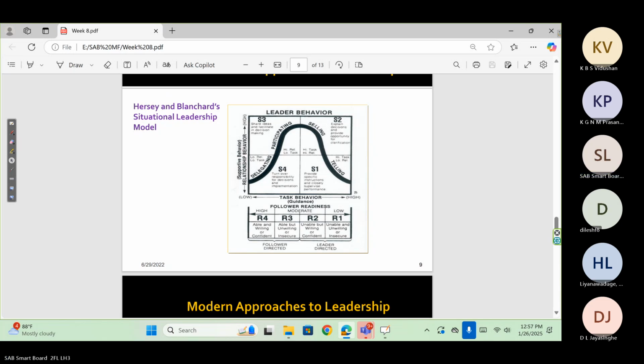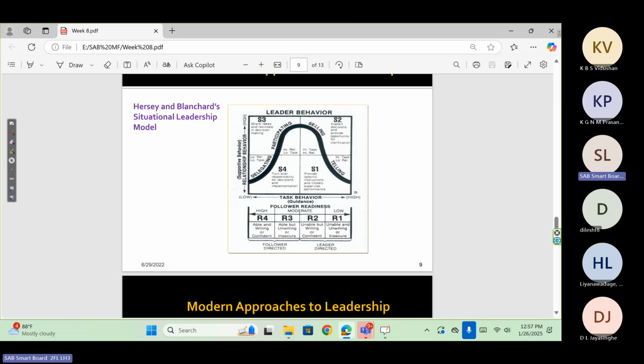Then the next scale is readiness level 3, where the first two are positive, the last one is not seen. Then again a small modification should be done. Able and willing, but insecure. Followers are able and willing, but there is a problem in their confidence. Now it is beyond the moderate level towards high level.